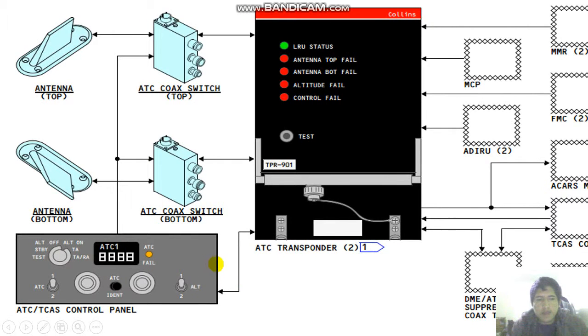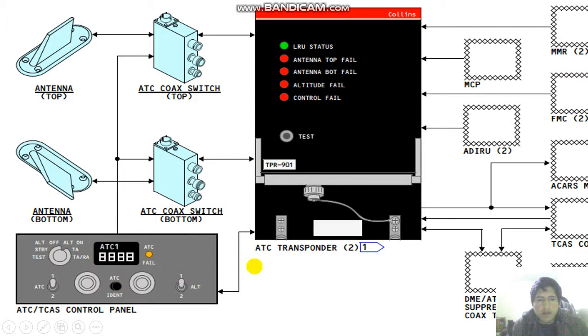So if you turn on the system, the information in the module shows the lights in binary code. Then in mode C, the altitude, this shows the light indication in gray code.